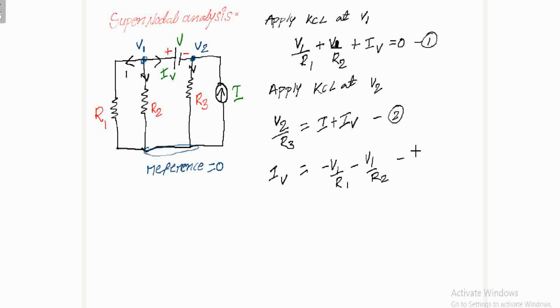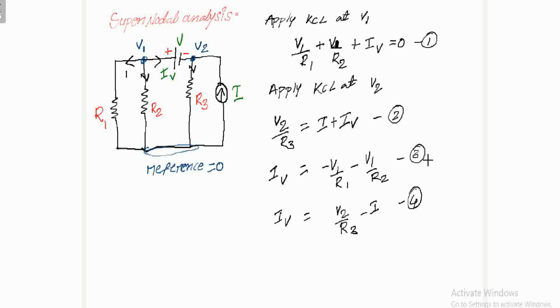This is equation number 3. And from equation number 2, let us write IV is equal to V2 by R3 minus I. This is your equation number 4.